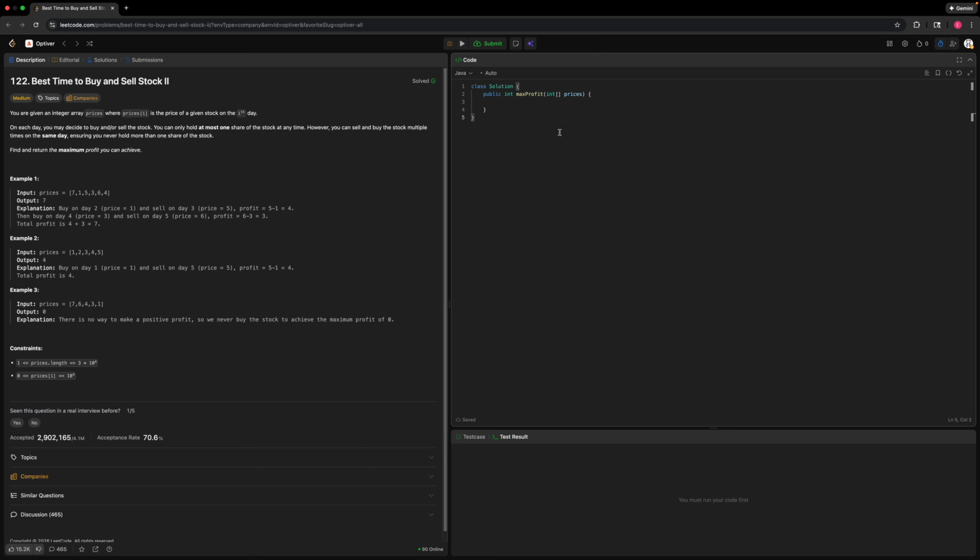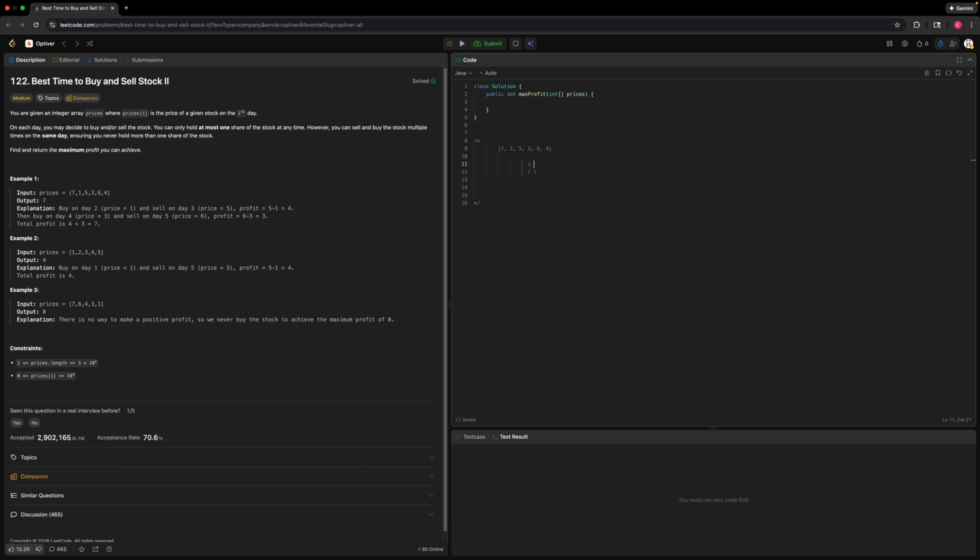Okay, so for this one, we have, like, 7, 1, 5, 8, 3, 6, 4. Actually, there's a state for a specific index, right?